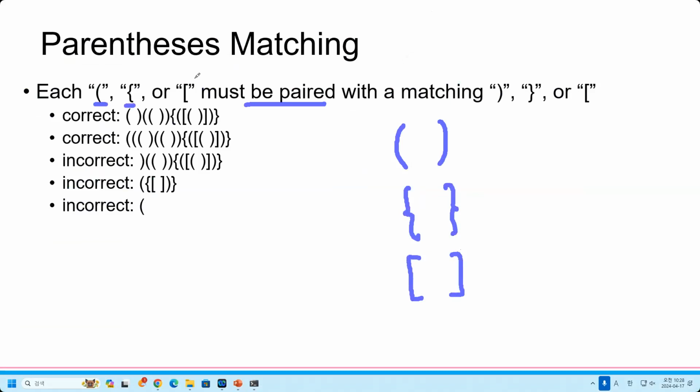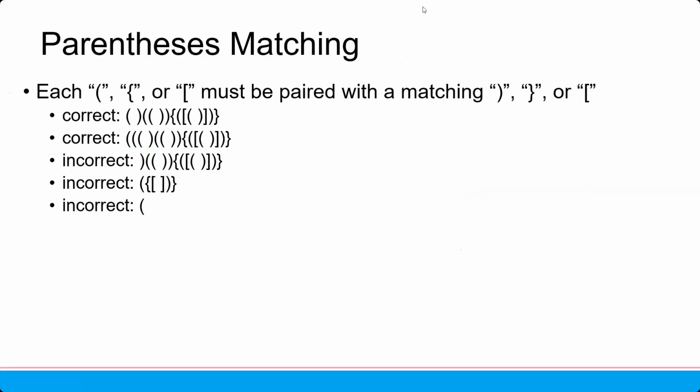So we need to check if we have this one, whether it is correct or not. You can check this one, whether it is correct or not. This is incorrect because it starts with a closing parenthesis.